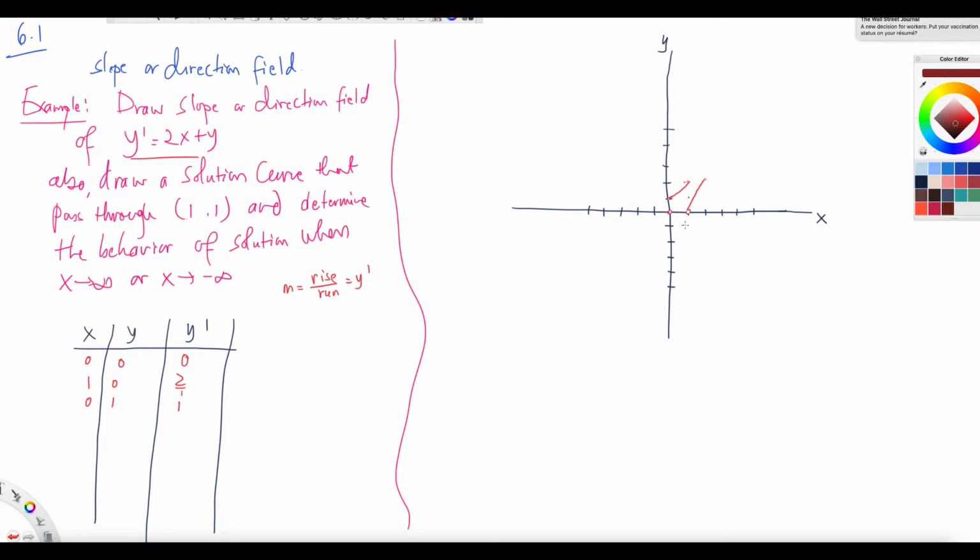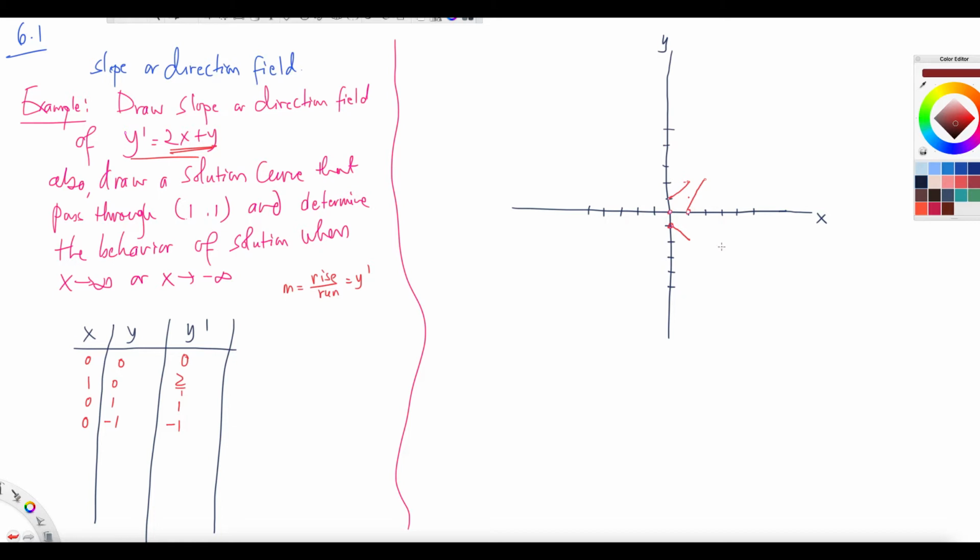Similarly, let us put a point at 0, -1. 2 times 0 plus -1 is -1. So rise is -1 from here, it goes down, and run is 1. So it goes like that. You see that? This is what it looks like.